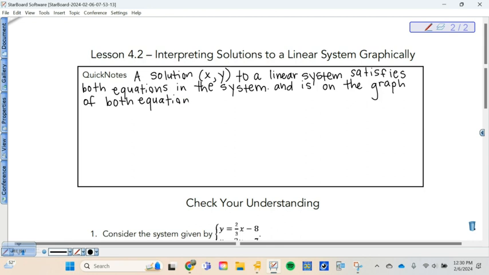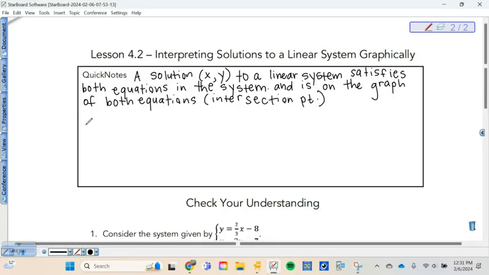The solution is the intersection point. That means it works in both of the equations, not just one or the other. And it's going to be on the line of both equations, meaning it's at that intersection point.